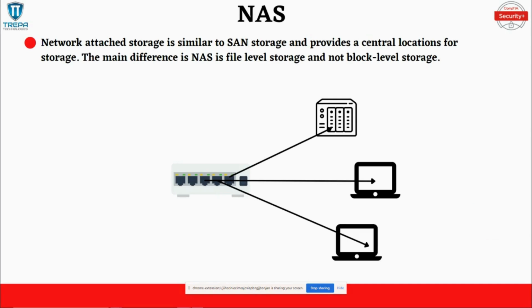Network attached storage is similar to SAN, but does not provide block level storage. NAS is going to deliver data in files, thus providing what we call file level storage, right? I know your brain just exploded. NAS is typically used in small to mid-sized networks that do not require the robustness of a storage area network.